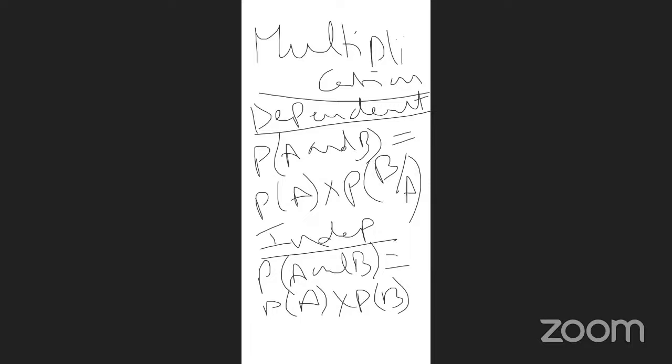Combinations, nCr: you have to take it as n factorial by n minus r factorial into r factorial. For example, 5C2 can be written as 5 factorial divided by 5 minus 2 factorial and 2 factorial.